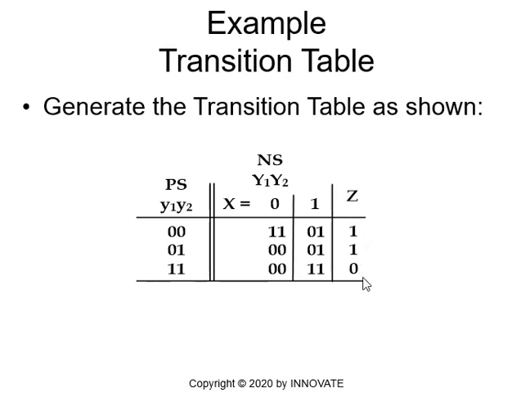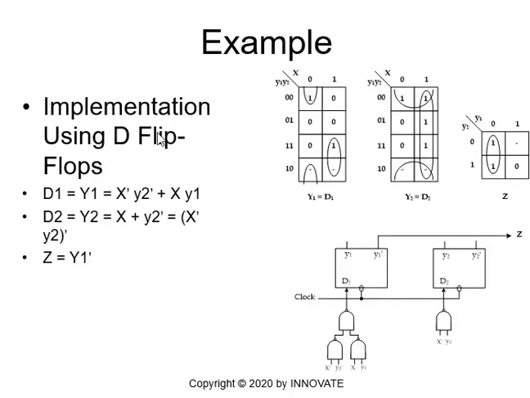So once I have this, I can have the K-map for Y1 and the K-map for Y2. The K-map for the implementation with D flip-flops, X, Y1, Y2. I have 1, 0, 0, 1, 0. Don't care is 0 because I have one state missing, which is 1, 0.